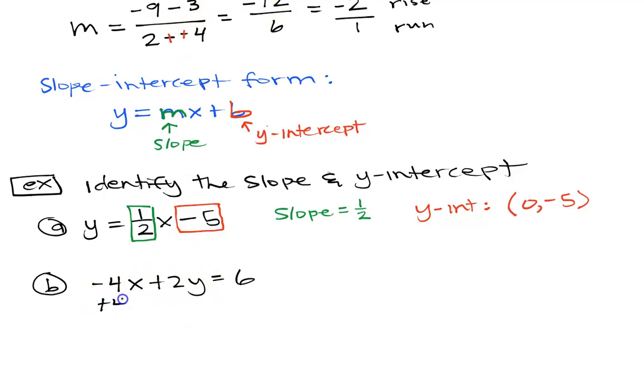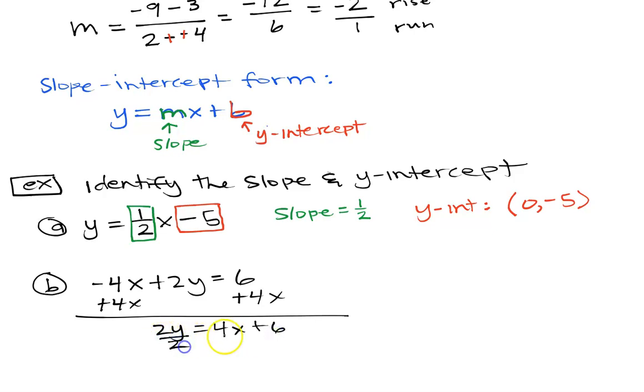I'm going to start by adding the 4x over. That gives me 2y equals 4x plus 6. Then I need to divide everything by 2. So then I'll have y equals 4 divided by 2 is 2, so 2x, plus 6 divided by 2 is 3.